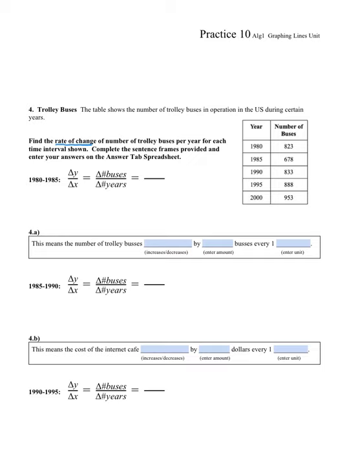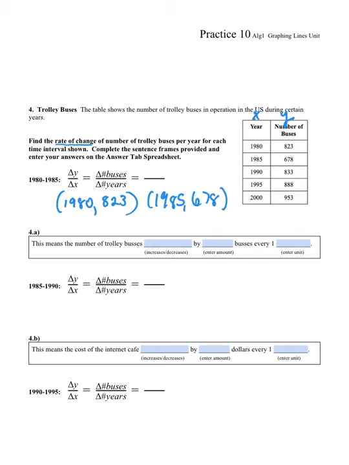So from the years 1980 to 1985, think of this as x and that's y. We have the 2 ordered coordinates, 1980, 823 and 1985, 678, okay?